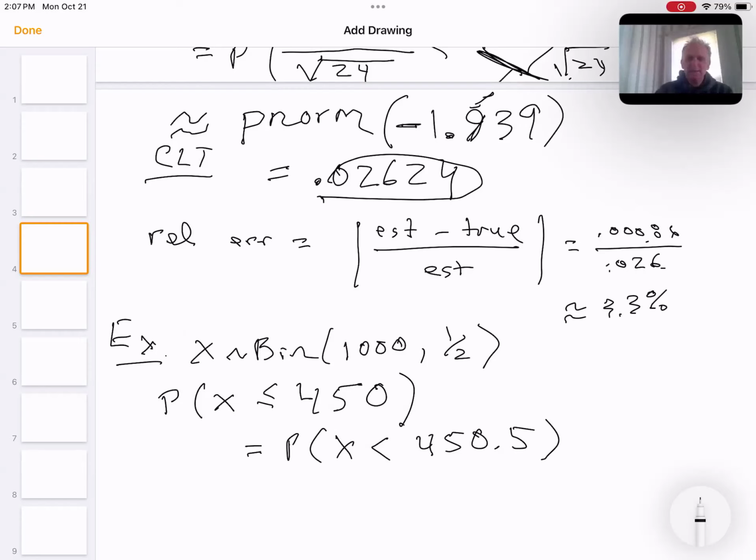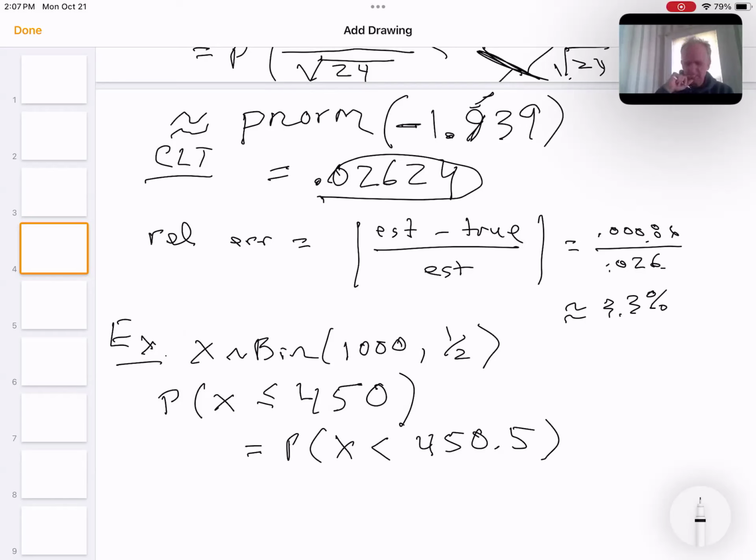Yeah, so that's like, look, the binomial can only be 450 or 451. It can't be 450.5. But the feeling is that if you want less than or equal to 450, you want to include 450. So you should meet 451 halfway, basically. And this will give you a slightly more accurate number.